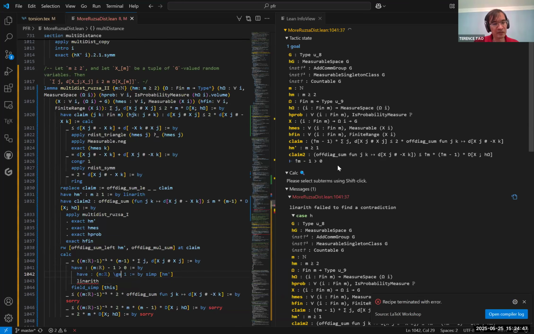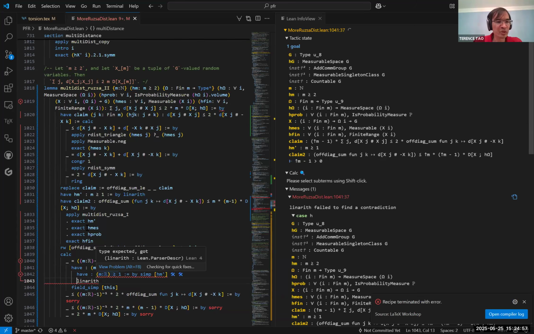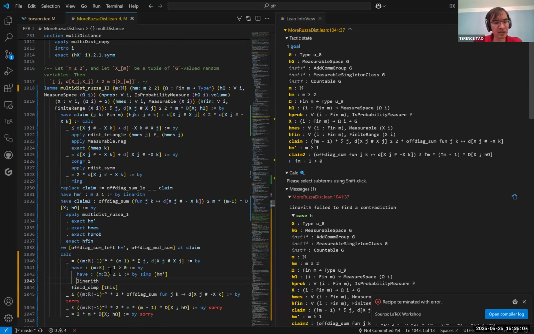Here's where the fussiness of Lean is slightly annoying. That m was already proven to be bigger than or equal to 1 in the natural numbers, but I need it to be true also in the reals. And then I should be able to show that therefore m minus 1 is positive.